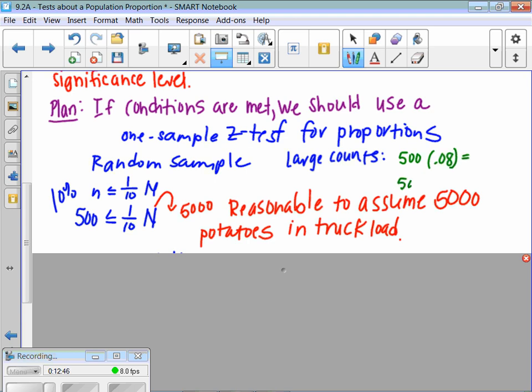And we're going to do 500 times 1 minus 0.08, which is 0.92. You guys make sure you actually calculate these. So we get 40 and we get 460. Are these both greater than or equal to 10? Yes. Which means we have normality.